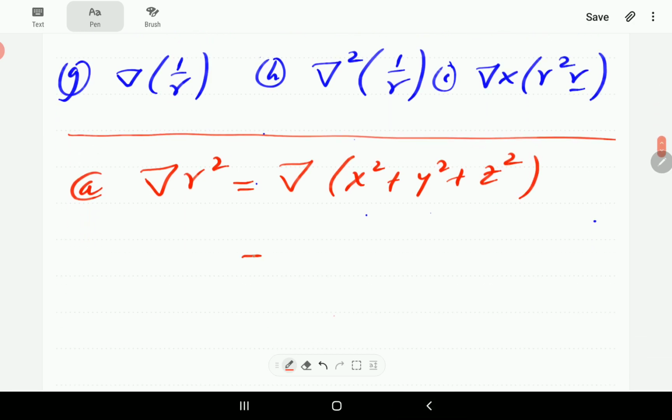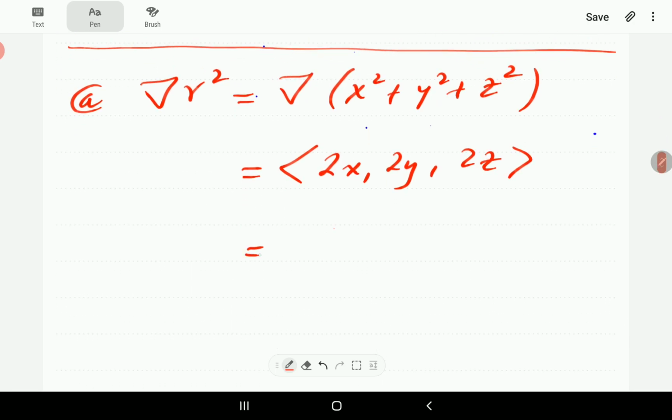So remember, grad is a vector, so the x component of this vector is going to be the derivative of this function with respect to x. So that's going to be 2x, and then the y component is the partial derivative of this function with respect to y, and similarly the z component is the derivative of the same function with respect to z.